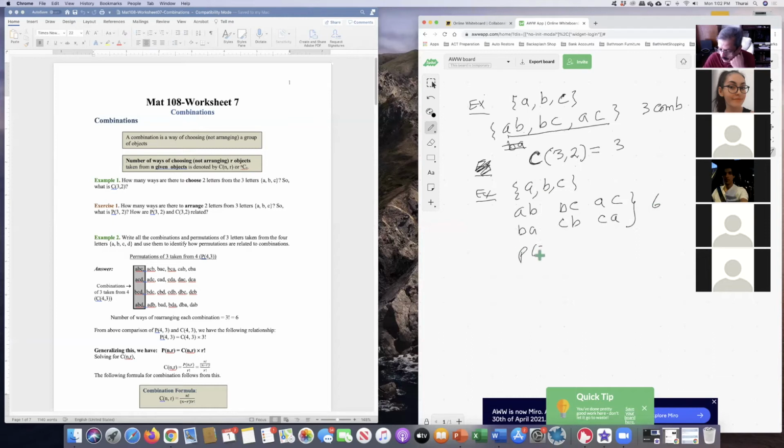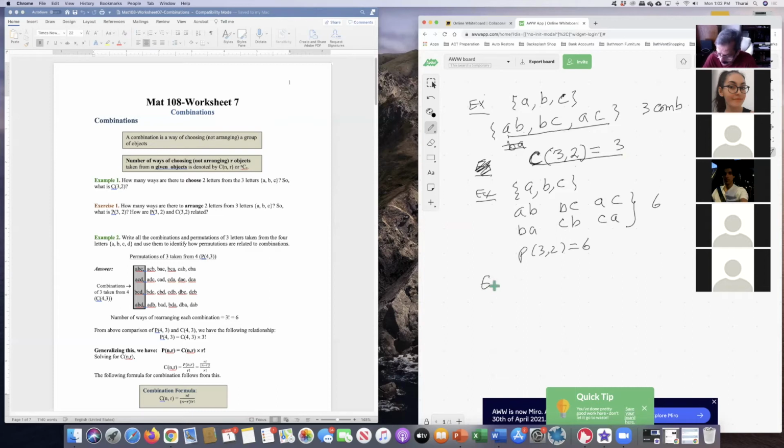So P32 is 6, but C32 is only 3. So that's the difference between combination and permutation. We are not rearranging in the case of combinations. We are just taking a combination of 2 objects. So if they ask for permutation, then you have to count the rearrangements. If they ask for the combination, only combinations.